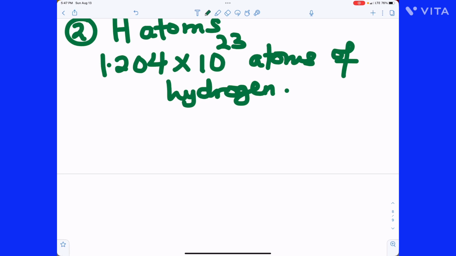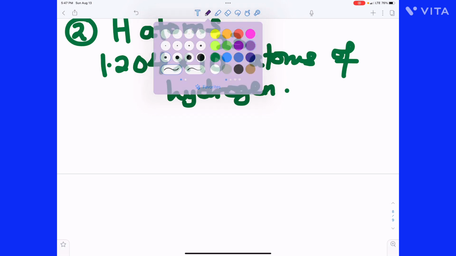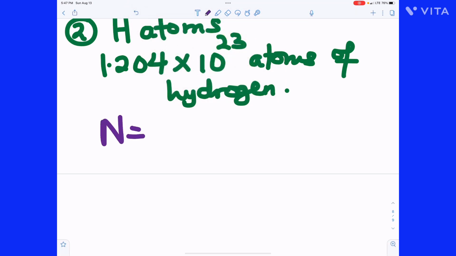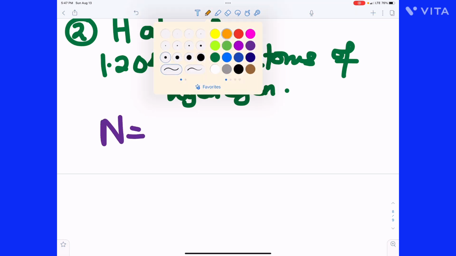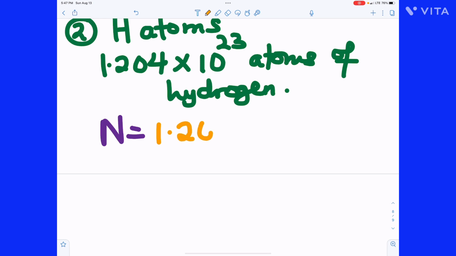This is a simple question. Now, this amount we have here is called N. N is 1.204 times 10 raised to the power 23. That's the number of atoms we have.